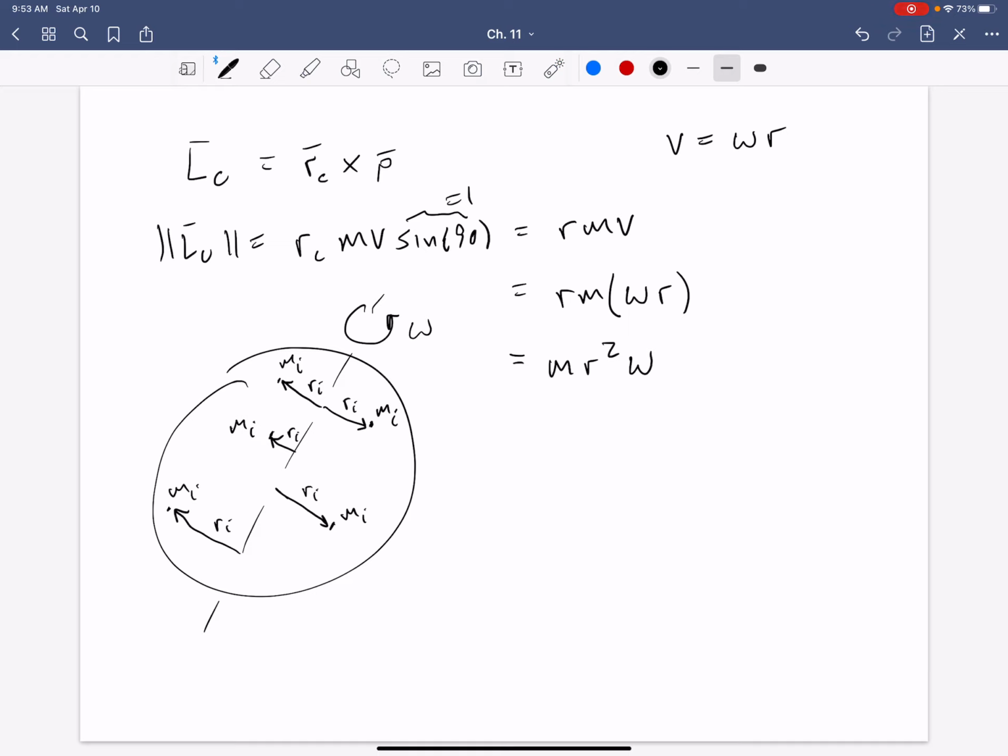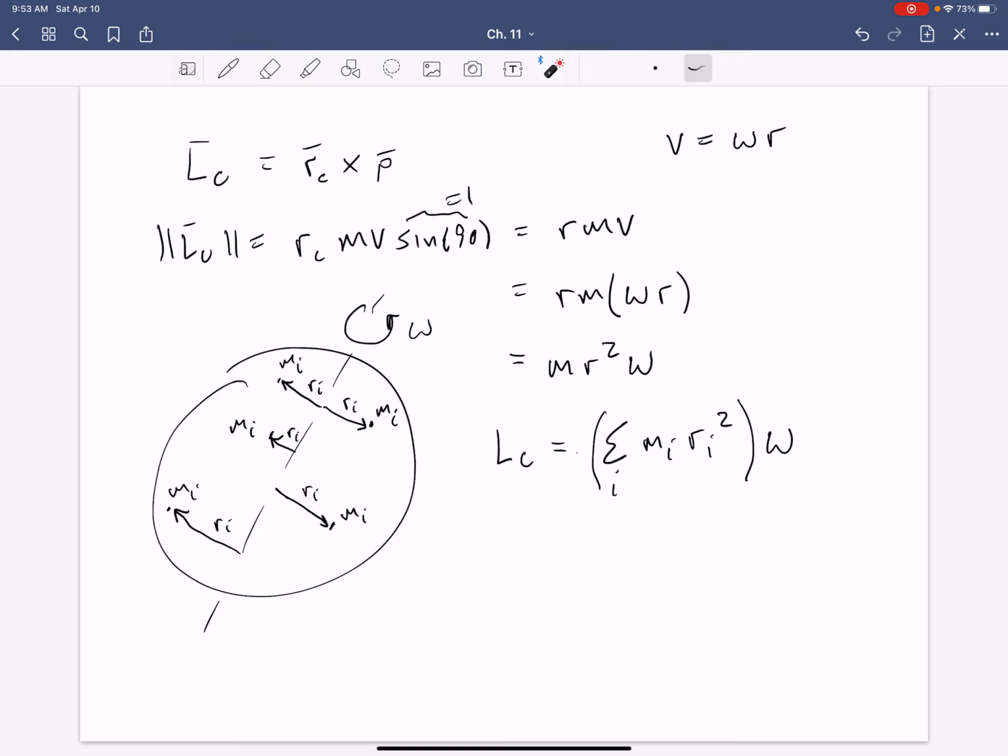So now the angular momentum from the center we need to treat as a sum. Okay, and I'm going to pull actually the omega outside of that sum, and we can write it like this.